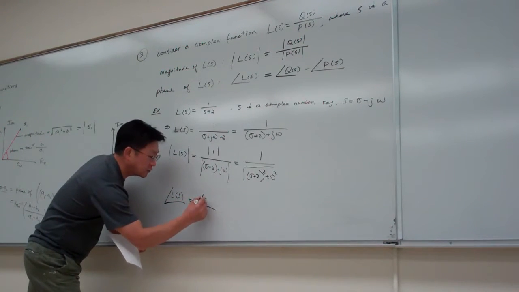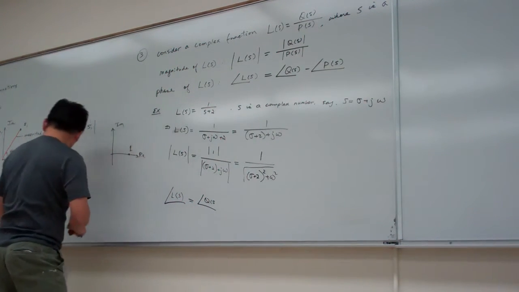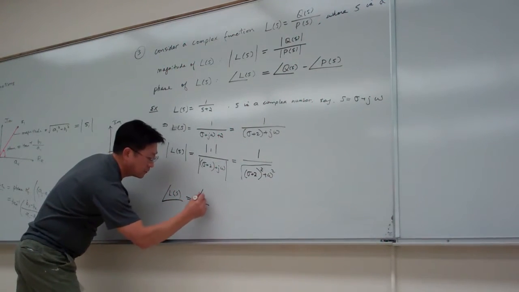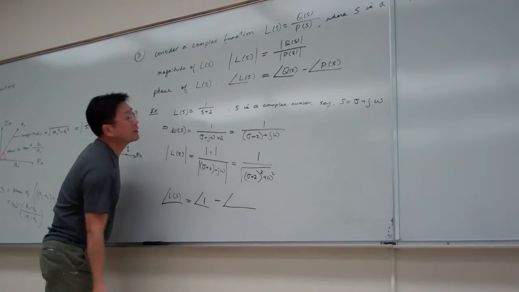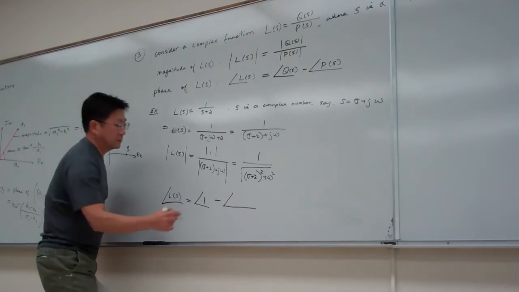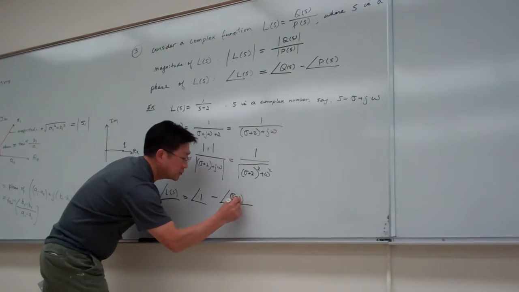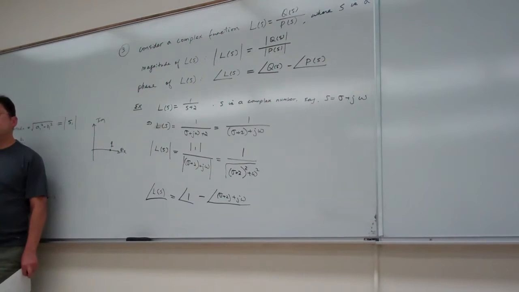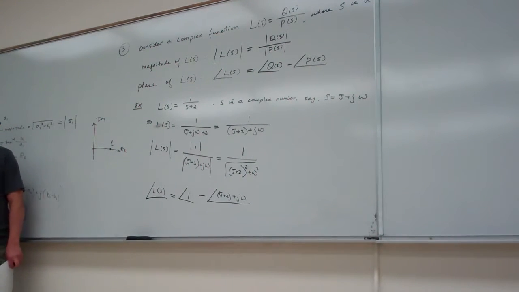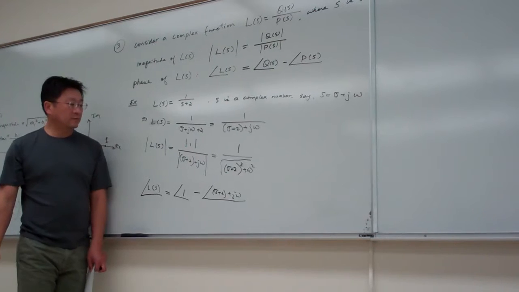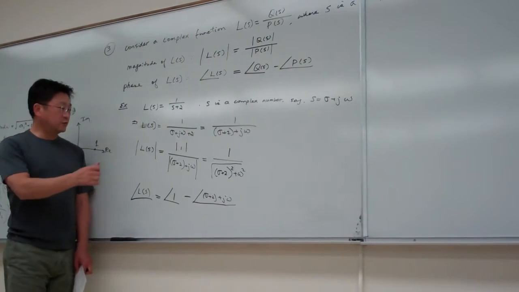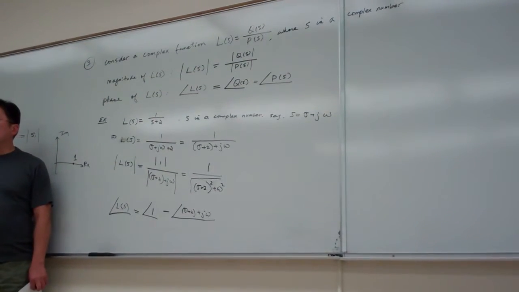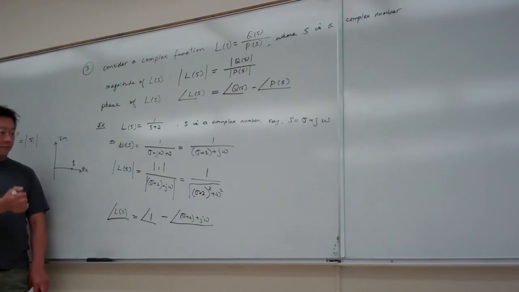So that is the angle of 1 minus the angle of sigma plus 2 plus j omega. Okay, so for this one we'll continue.